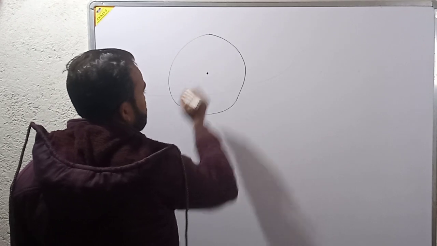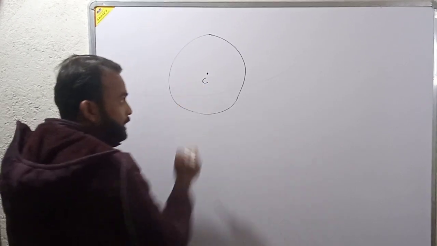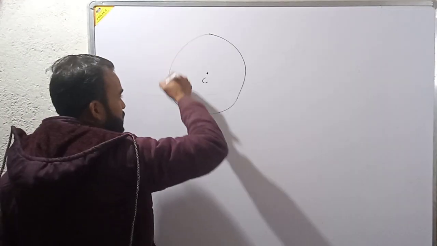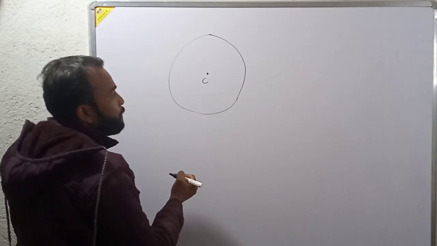This is the center of the circle. It's denoted by C, and this boundary is also known as the circumference.